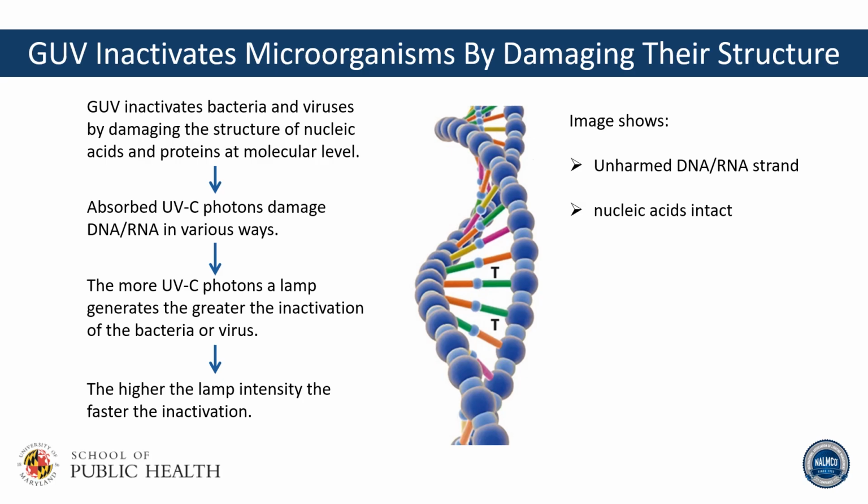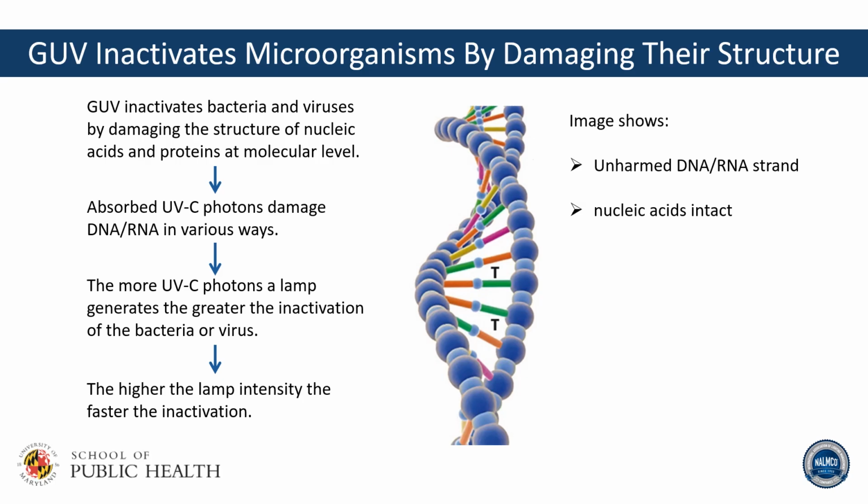Germicidal ultraviolet inactivates microorganisms by damaging their structure. So GUV inactivates bacteria and viruses by damaging the structure of their nucleic acids and proteins at the molecular level. UVC photons are absorbed by these structures and then damage the DNA or RNA in various ways.